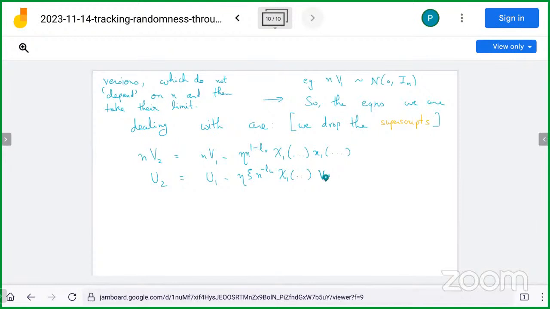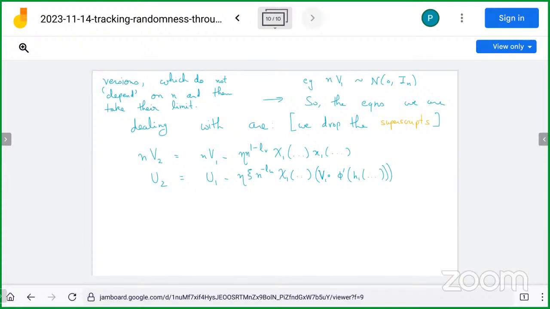The dot is the product. So now let's think about it. n times V1 was a standard normal vector.